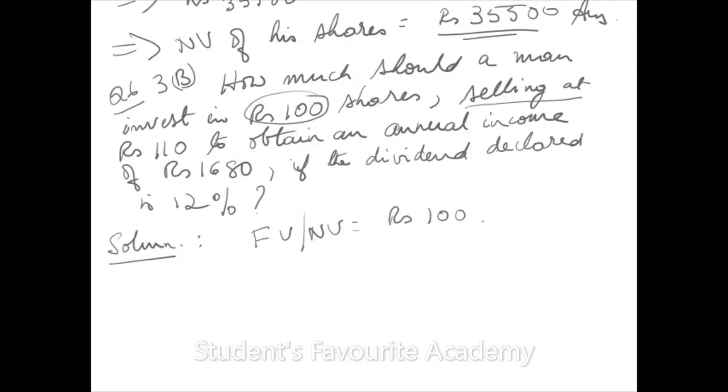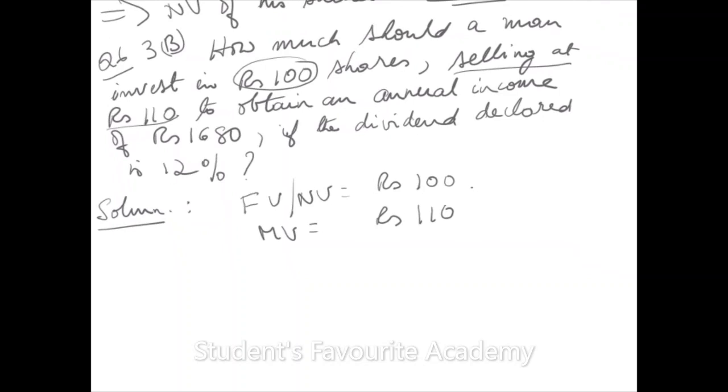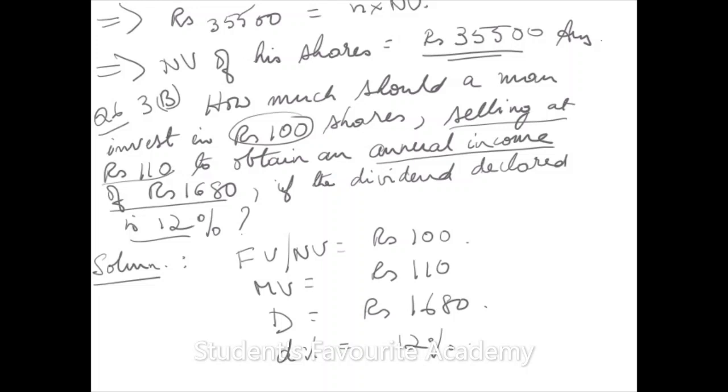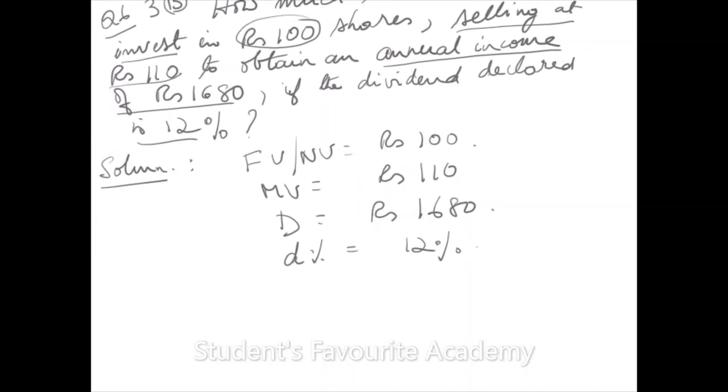Selling at rupees 110 implies market value is rupees 110, and annual income, that means capital D, is rupees 1680, and D percent is 12, dividend percent is 12%. So what is that we have to find? How much should a man invest? So first we must know the number of shares he needs to buy. Then number of shares into the market value will give us the investment, right?